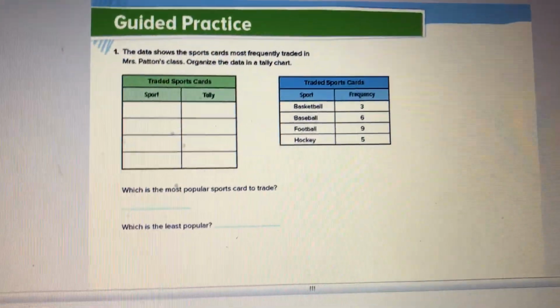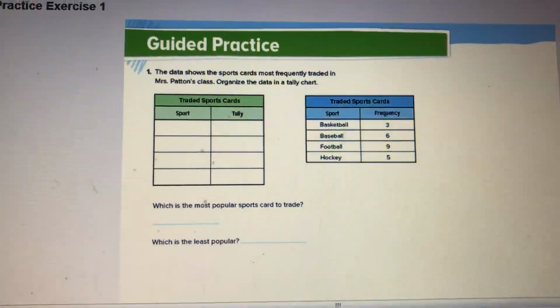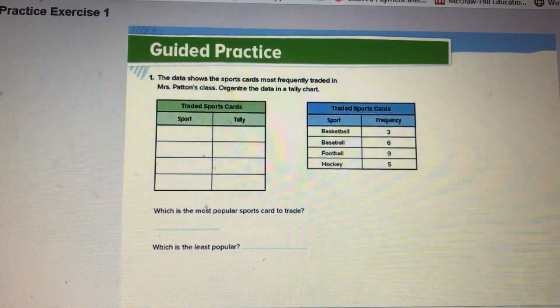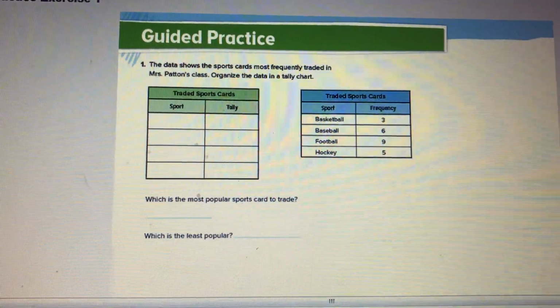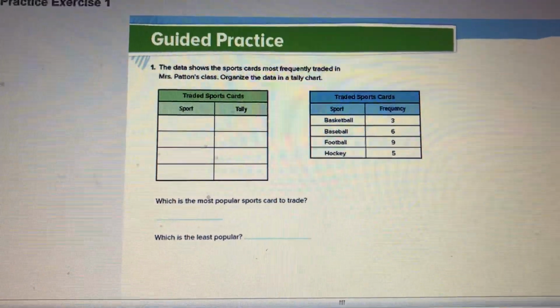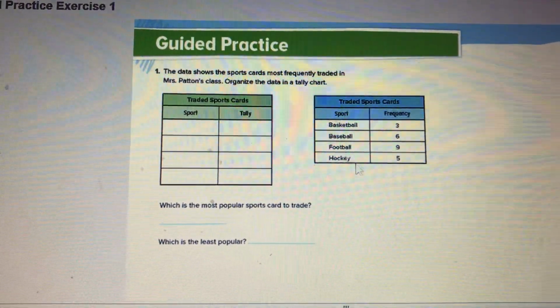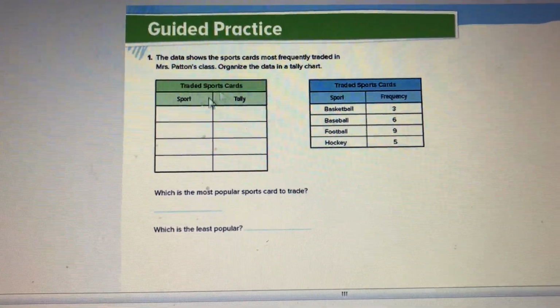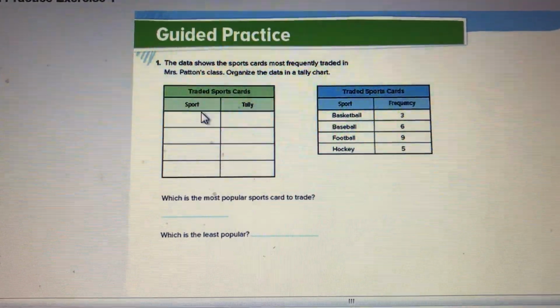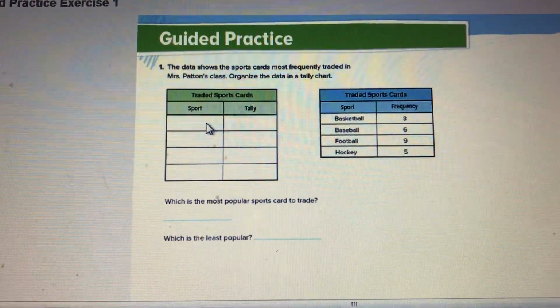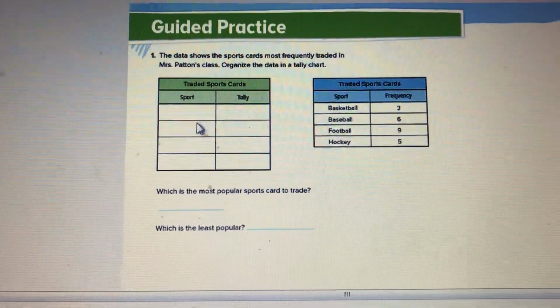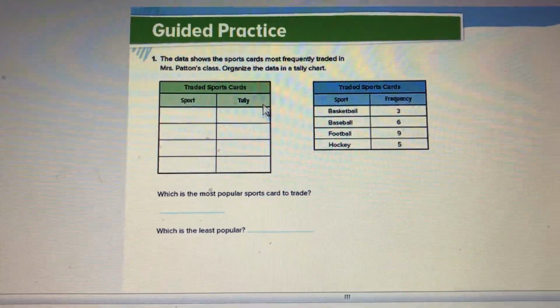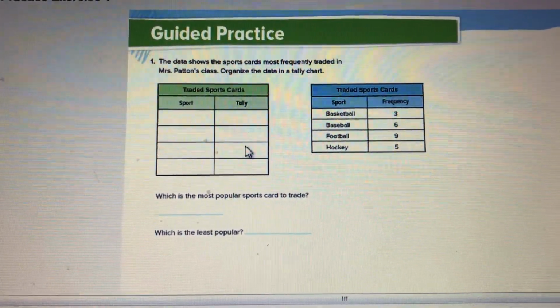Here we go into our guided practice. This data shows the sports cards most frequently traded in Mrs. Patton's class. Organize the data in the tally chart. So what you're going to do is take this data from here and put it over here. So the sports, it's got a title, traded sports cards, sport tally. Okay, so we're going to write the name of the 4 sports we're looking at, which is basketball, baseball, football, and hockey. And then instead of writing in numbers here, we're going to write in tallies.